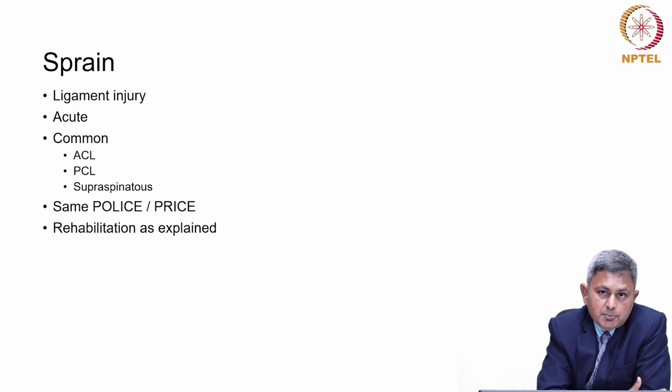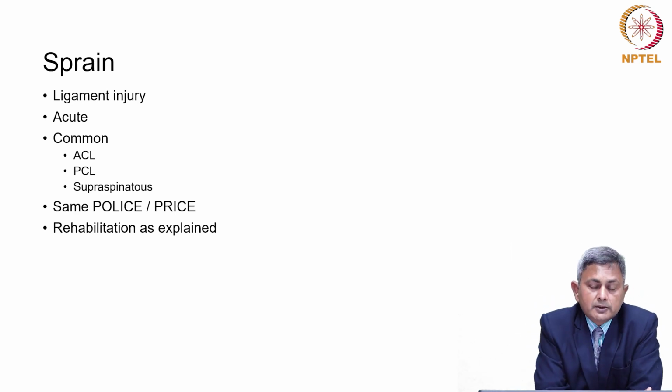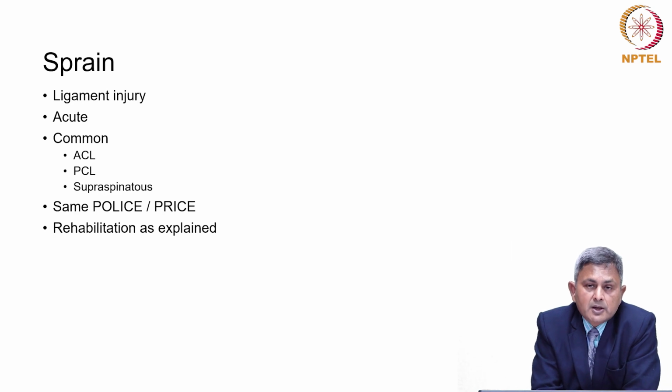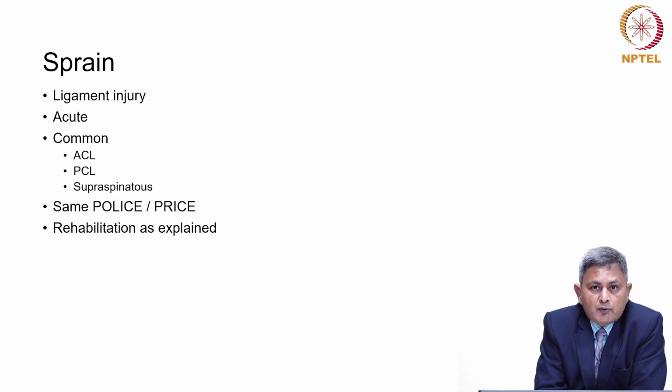But if a person has undergone some sort of surgery, then he has to undergo complete rehabilitation. Sometimes it might take 4 to 6 months. In general, ACL recovery requires 6 months to return to play.